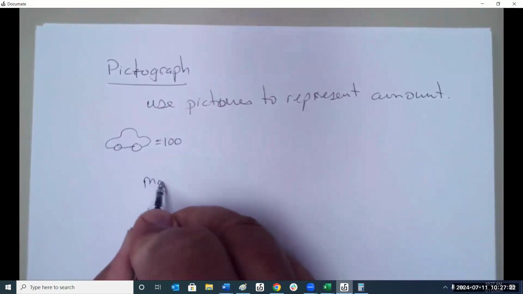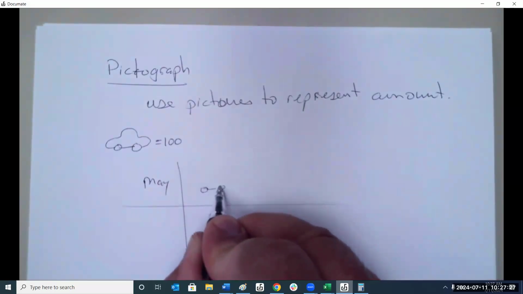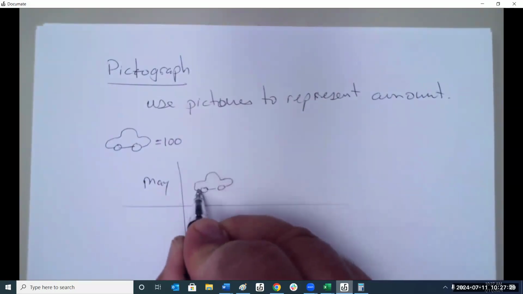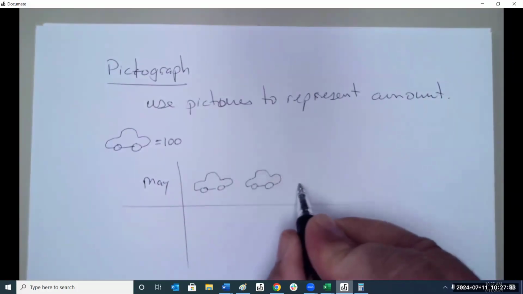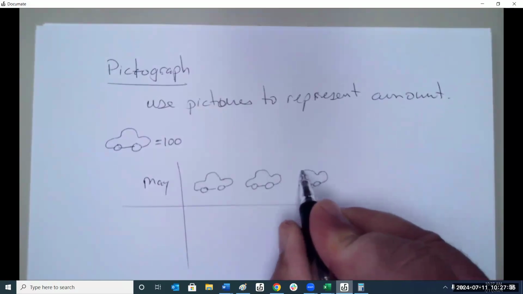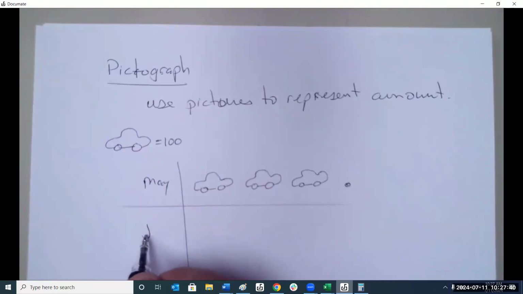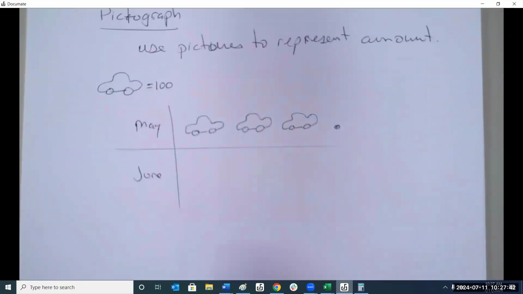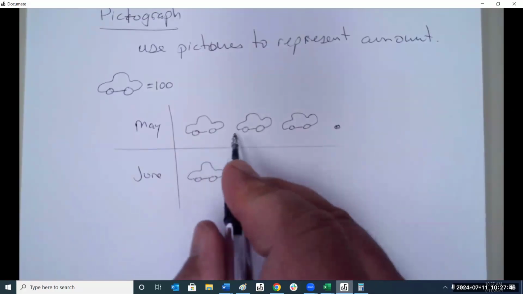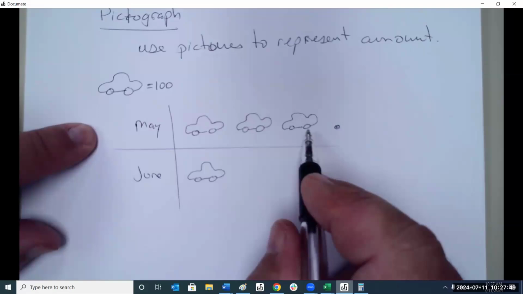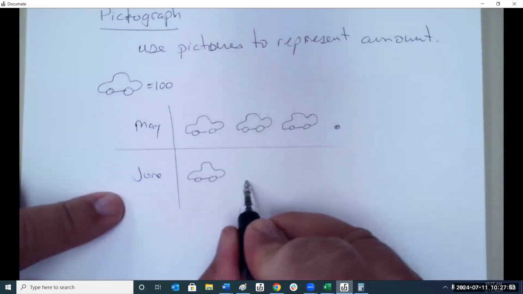So in May, we see this. In June, we see this. And in May, you had 3 full pictures of cars. Remember, each car counts as 100. In June, we have this.